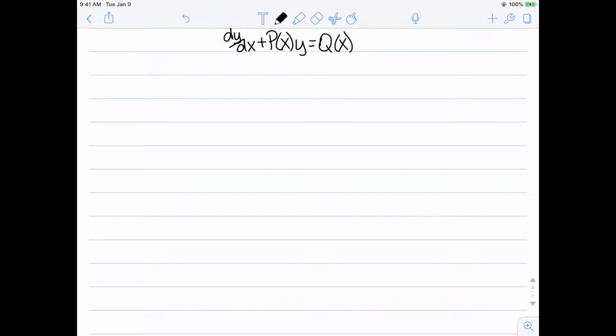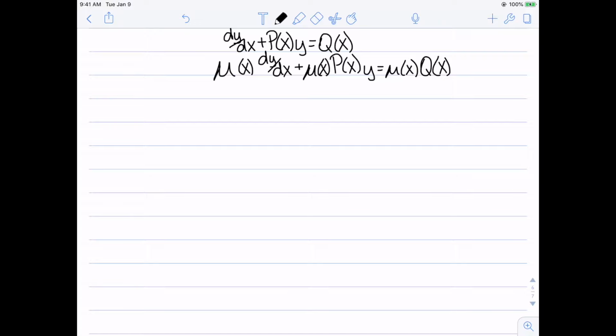Just a reminder, in standard form, this looked like dy/dx plus p of x times y equals q of x. I then multiply through by mu. That gives me mu of x times dy/dx plus mu of x p of x times y equals mu of x q of x.